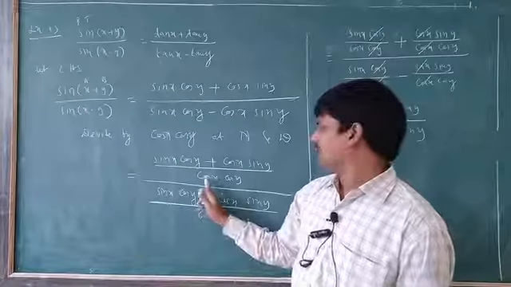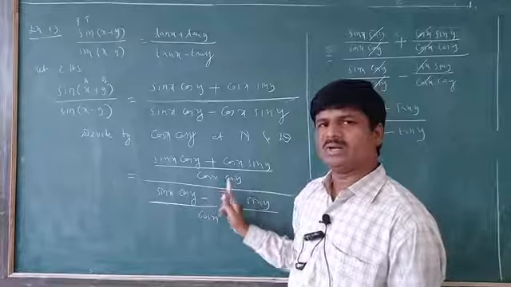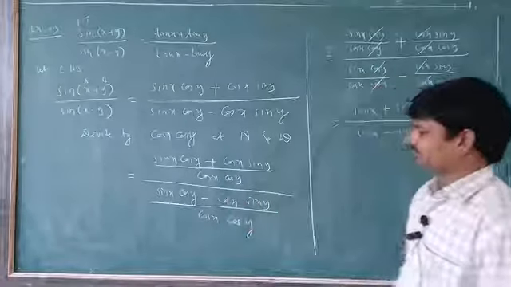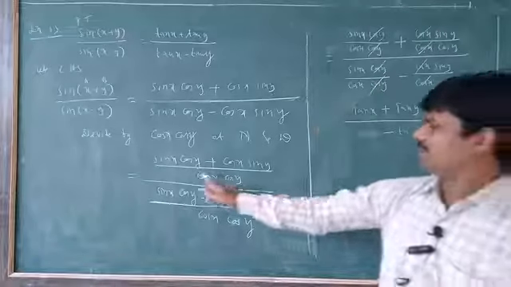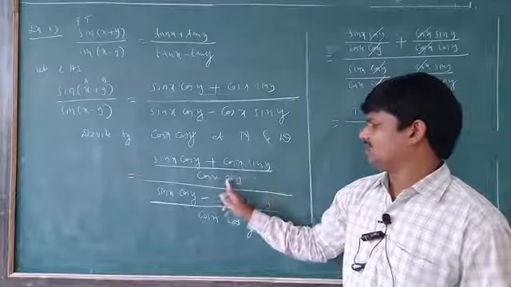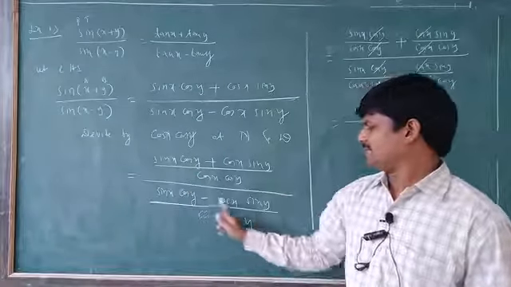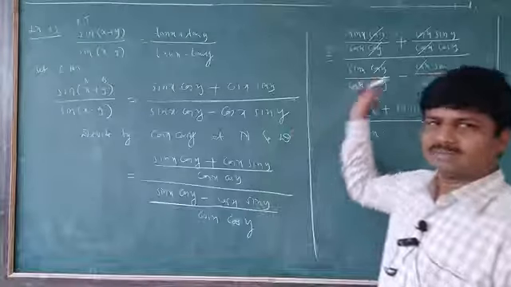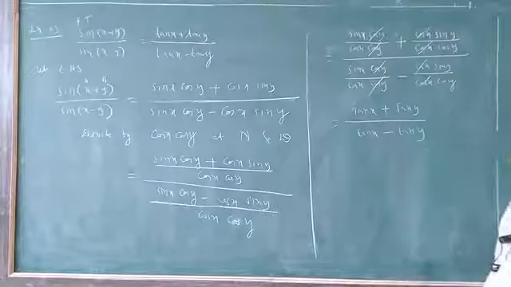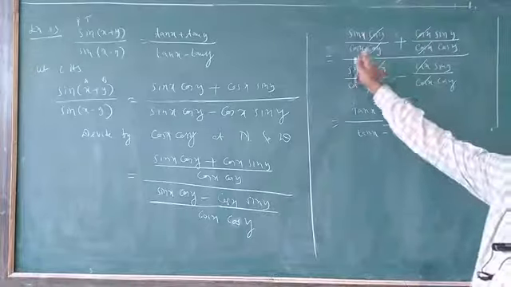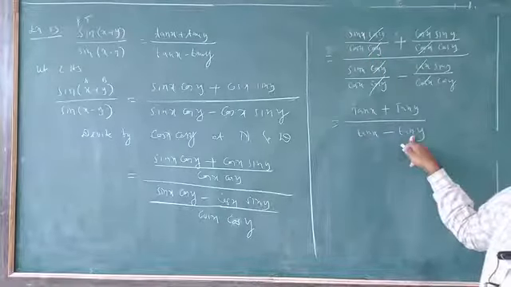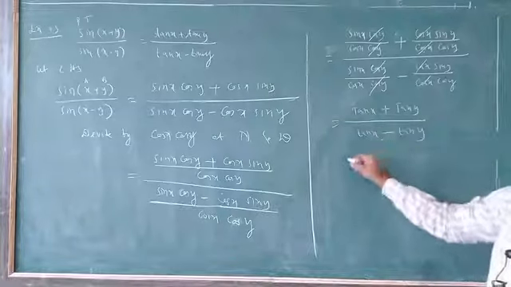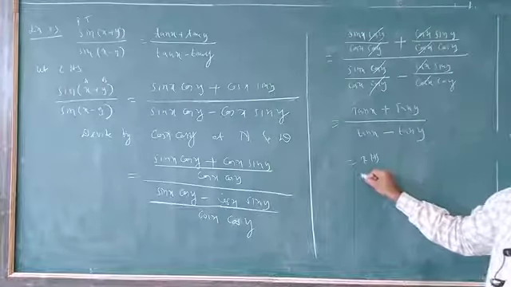Then I made it separated. This term by this term plus this term by this term. This term by this term minus this term by this term. And some terms are getting cancelled. I cancel them. Then the remaining terms give tan x term, tan y term, tan x term, tan y term. It is equal to RHS. Understood?